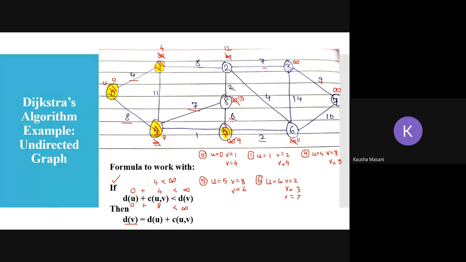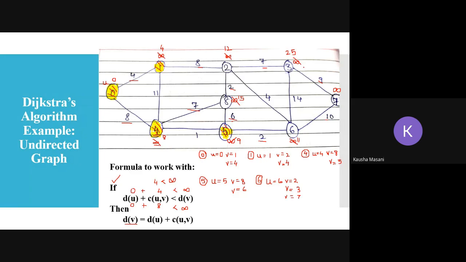For V equal to 2, what will be the distance? Do I need to update the distance? No. The reason: 11 plus 4 is 15, and 15 is not less than 12. So no need to update. For V equal to 3, 11 plus 14 is 25. 25 is less than infinity, so yes, I will write 25 here.